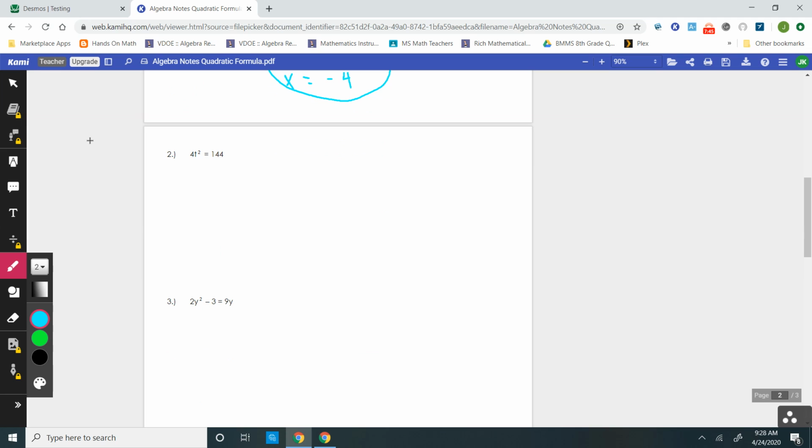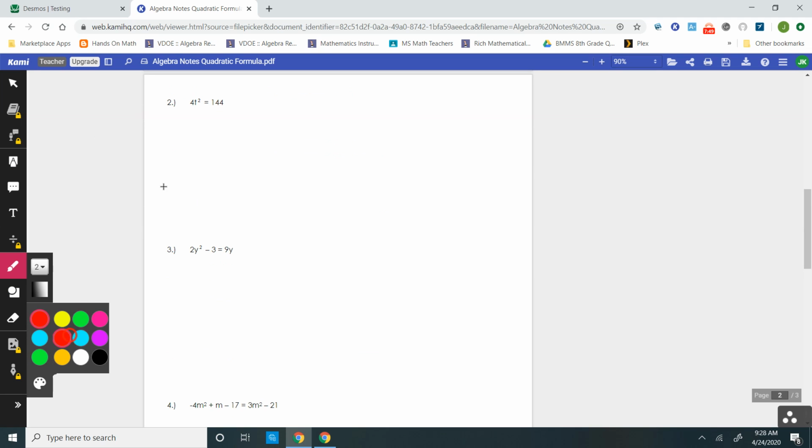And then for your next one here, remember, you want to make sure all your terms are on the same side to start. So you should subtract the 144, and then you can figure out the A, B, and C. So 4t squared minus 144 equals 0.